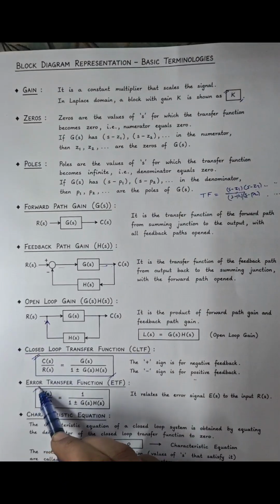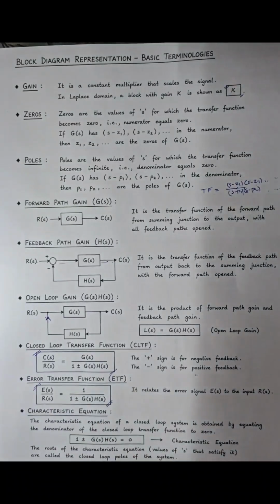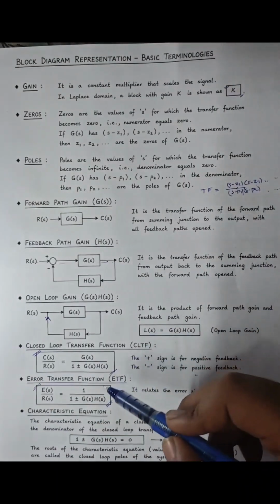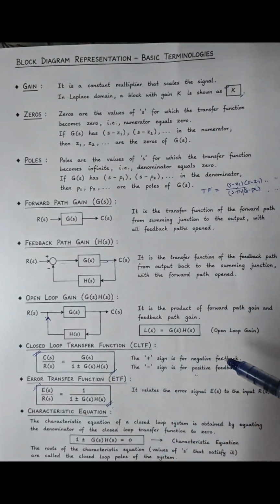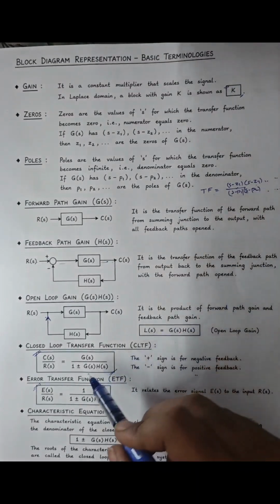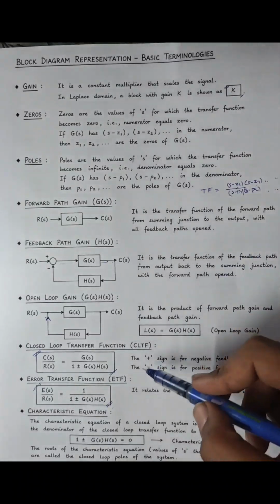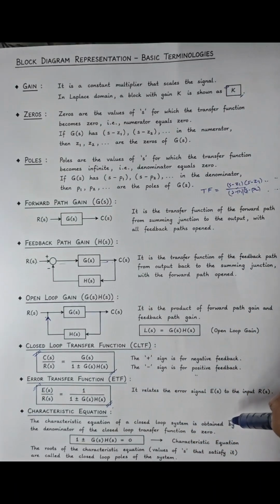Error transfer function we will discuss in detail in time domain response analysis. The very important thing here is the definition of the characteristic equation. The characteristic equation is the equation of the denominator of the closed loop transfer function. The characteristic equation determines the roots of the transfer function.